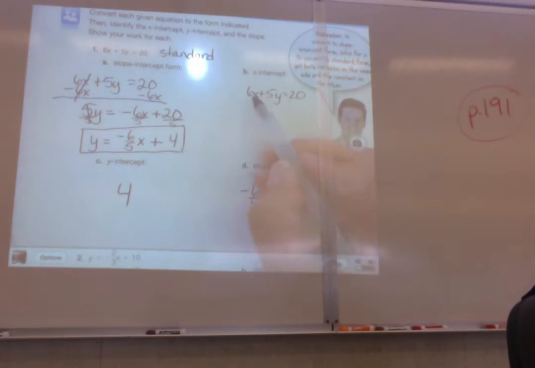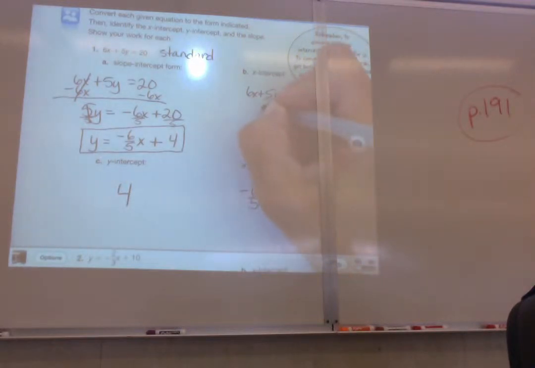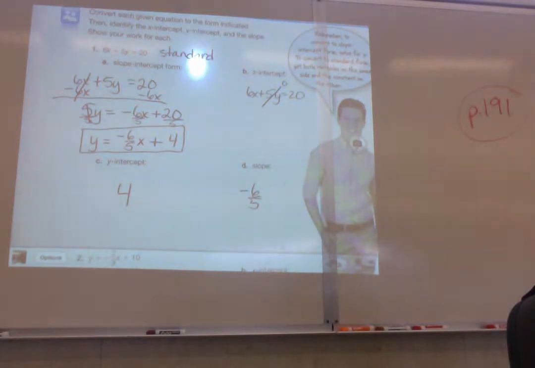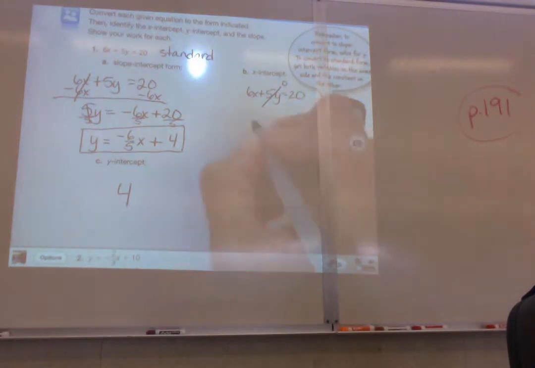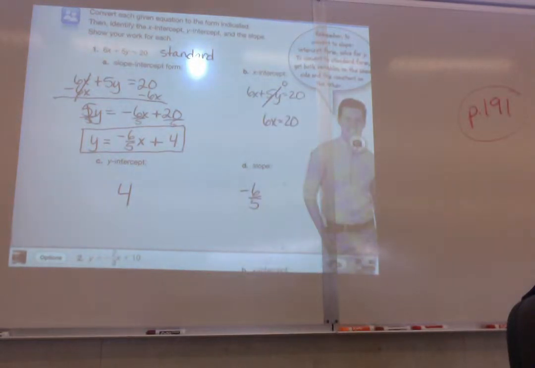Okay, but when we want to get the x-intercept, we want to know where does it cross the x-axis. And this line will cross the x-axis when y is 0. So 6x equals 20. We're going to divide by 6.